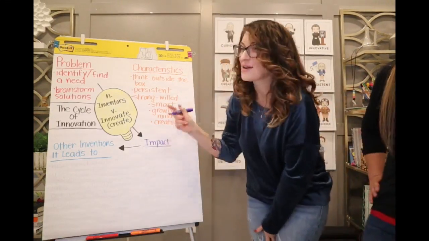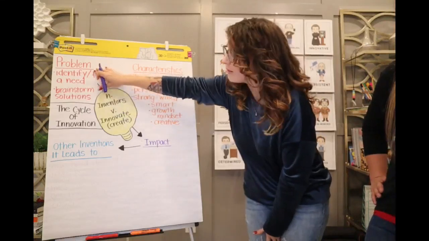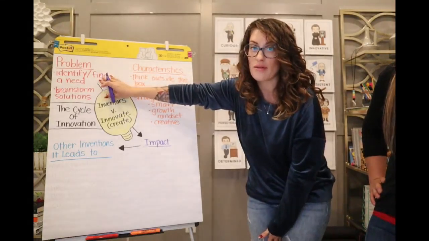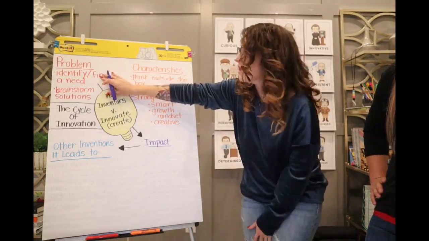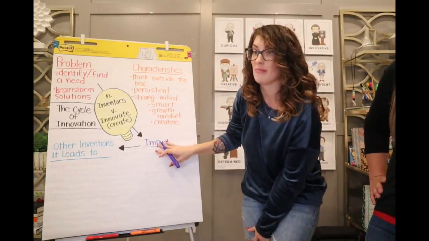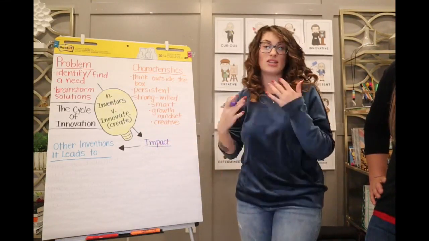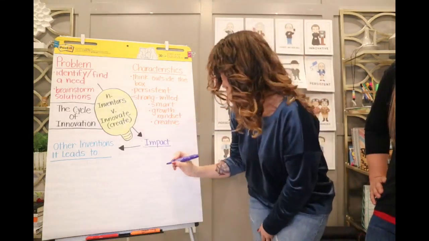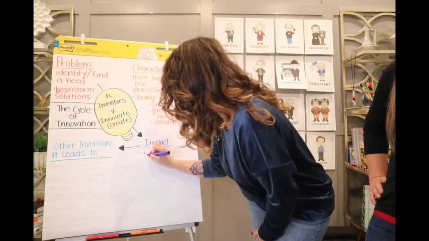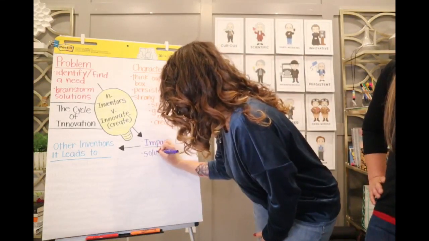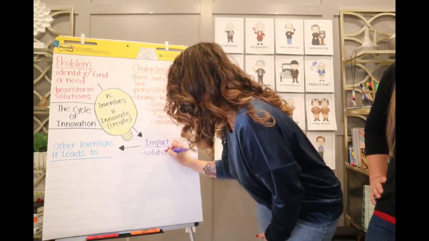All right, and so what happens next is we have this problem, they brainstorm the solutions for this need, and then that leads to an impact. An impact is where we see a change in society because they have come up with an invention that's going to be a solution to this need.